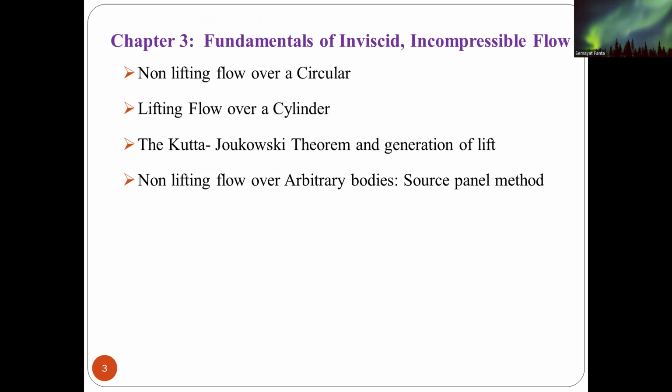It also covers the non-lifting flow over a cylinder, lifting flow over a cylinder, and the source panel method, the numerical method which we use. And it also consists of the theory and generation of lift using the Kutta-Joukowski approach.